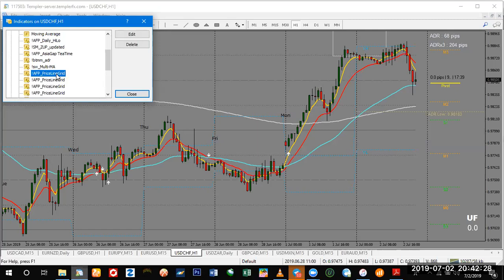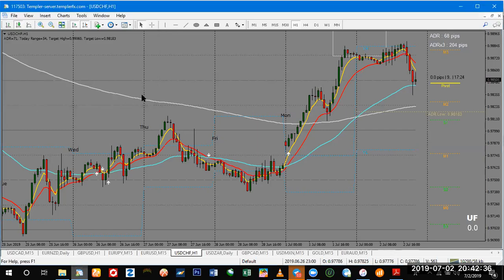Oh, okay. I'll look into it. It's not a train smash. It's just something that I couldn't see. Okay, it's the AF price line grid. So I'll send it again to the group today. Okay.